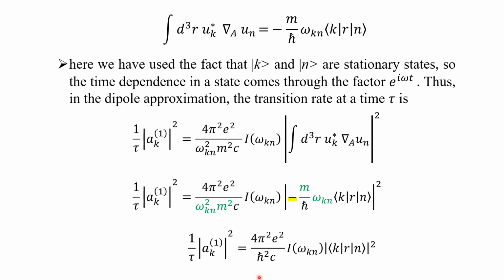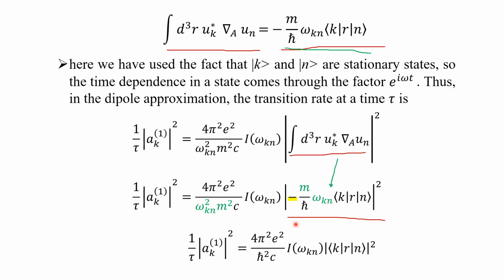Now here, this modulus squared is equal to minus m over h cross omega_kn bra k r ket n, which I have substituted for this integral from the first equation, and modulus squared of course.